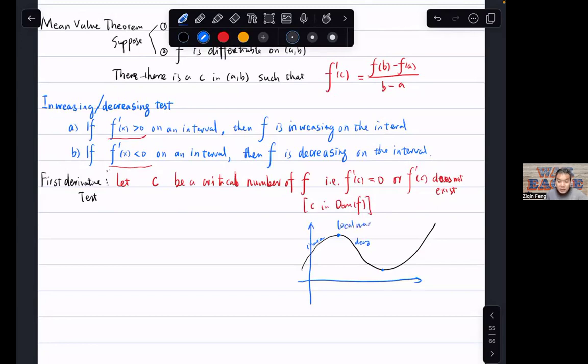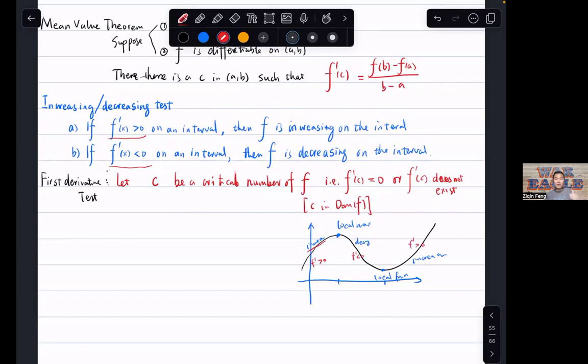And decreasing on the left side, then increasing on the right side, this is a local minimum value. These two numbers are critical numbers, which means you have a horizontal tangent line, or the derivative doesn't exist. The function increasing means f prime is greater than 0, then f prime is less than 0, then f prime is greater than 0.